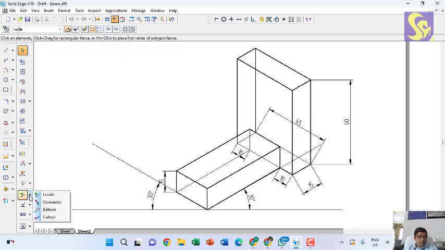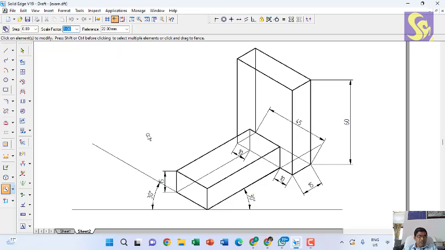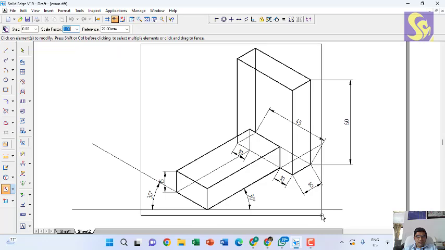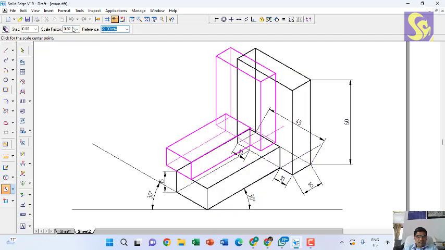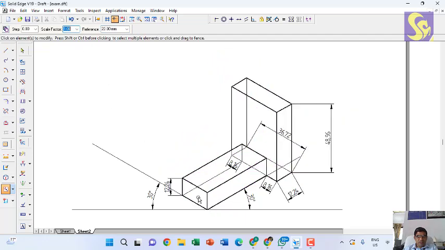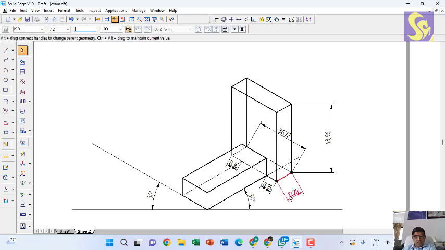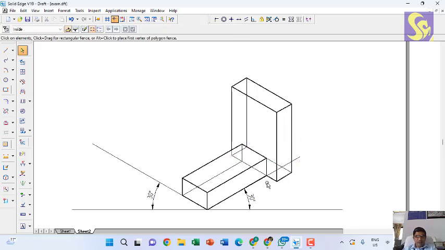So to go for scaling, here it is, scale. I'll include the fence, and I'll give the scaling factor 0.816, and my reference will be this point. So this is how it will be looking like. I'm not supposed to dimension it, so I'll remove all the dimensions after confirming.